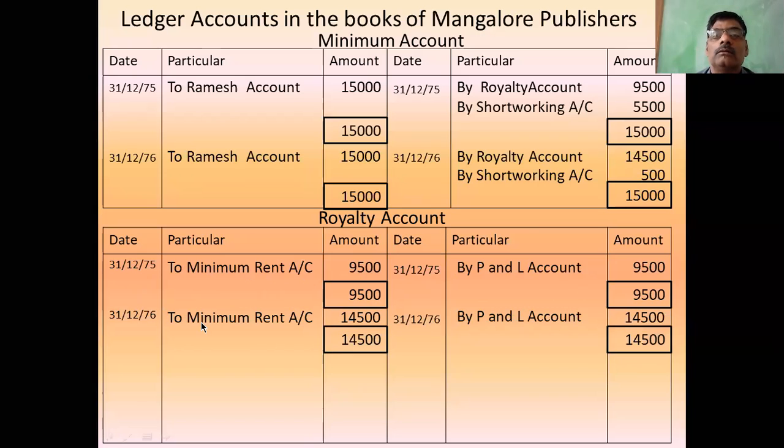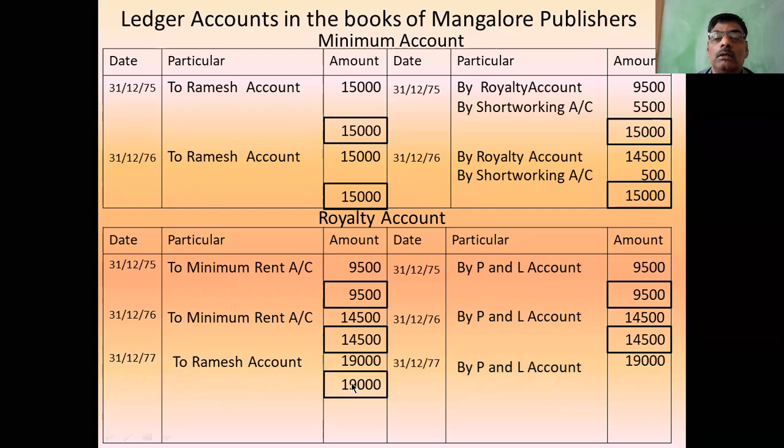Second year completed. And in the third year, I take Ramesh account, lessor, that is author, because in this year there is no short working. Therefore, original method I am following. 19,000 royalty, by P&L account 19,000, total 19,000.